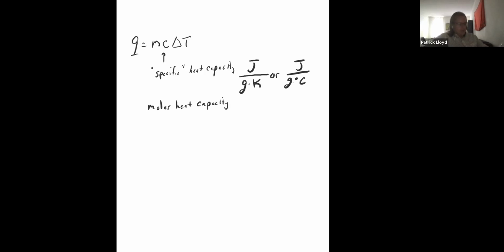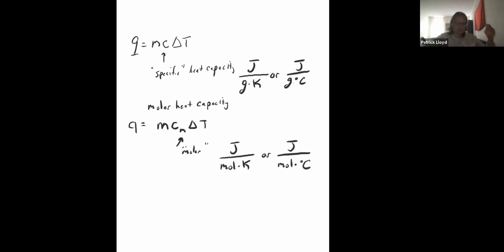Okay. The molar heat capacity, we could write it this way. Put a little m down there, m for molar. And the units are going to be joules per mole Kelvin, or joules per mole degrees C. Okay.